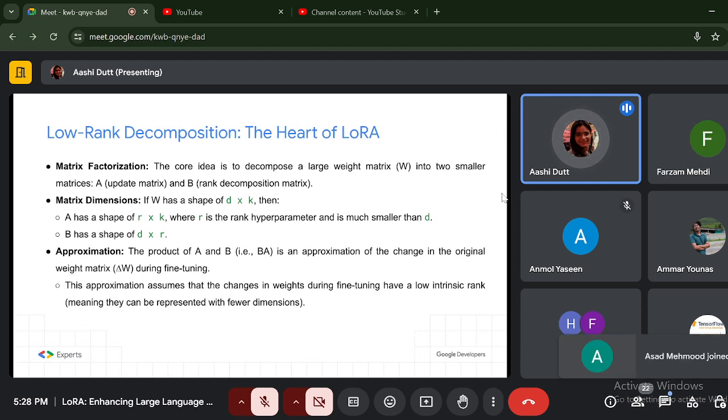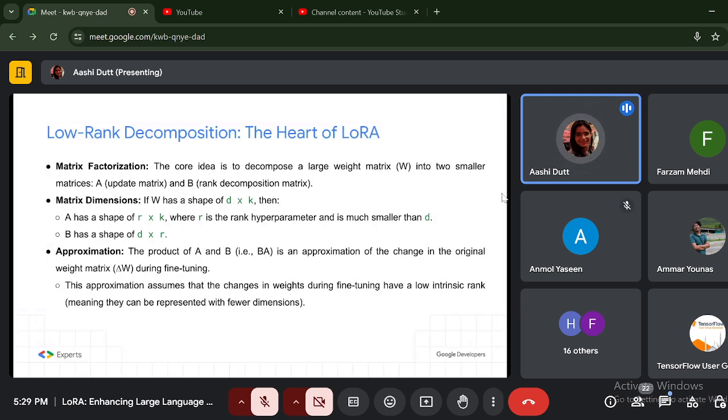But what we're going to do is, the product of both these matrices A and B is an approximation of the change in the original weight matrix. So we are freezing the original weight matrix that was originally part of the large model, and we are mimicking the same characteristics of that weight matrix, but in a shrunken way, right?